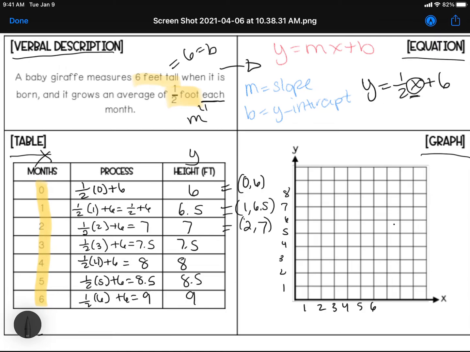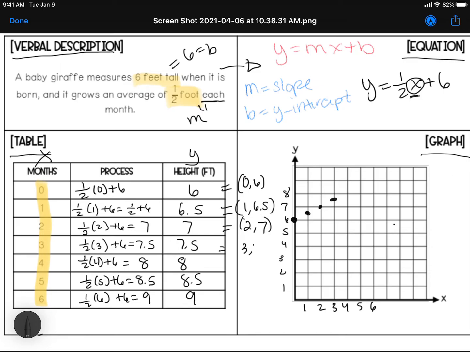So 0, 6, so there's our first dot. And then 1, 6.5, which is right in the middle. And then 2, 7, right there. And then 3, 7.5.